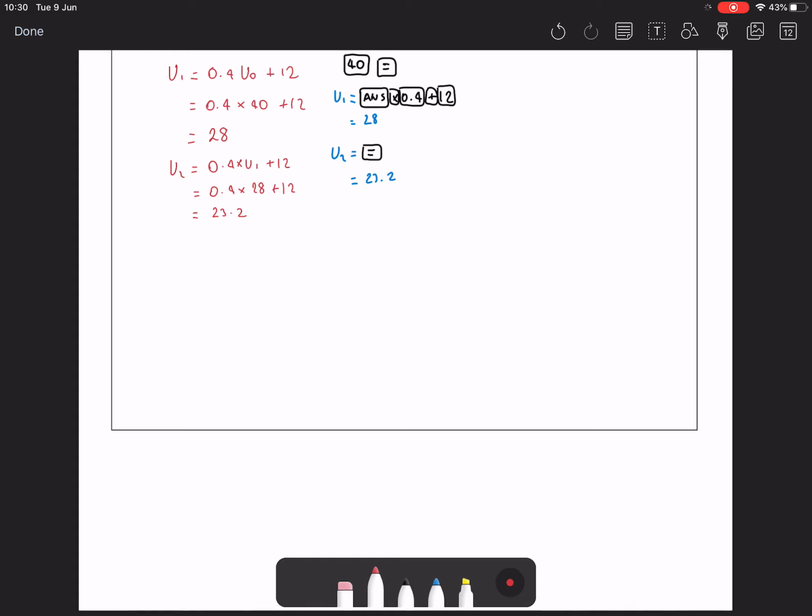And then the third value, the one they're looking for, is 0.4 times u2 plus 12. So 0.4 times 23.2 plus 12 is equal to, so for my u3 value, all I have to press in my calculator is the equals button. 21.28.